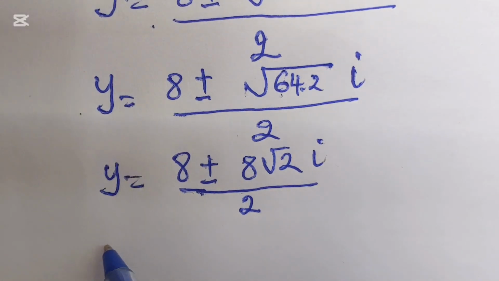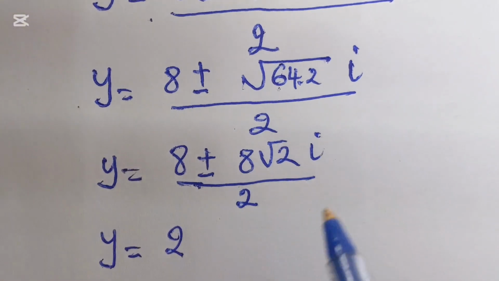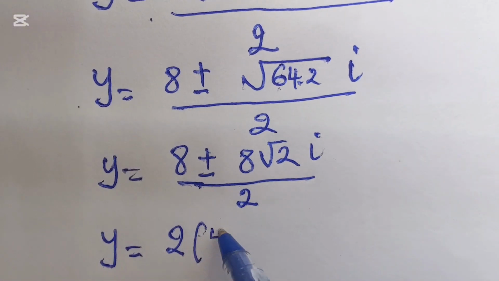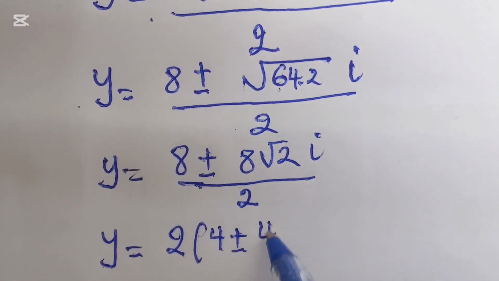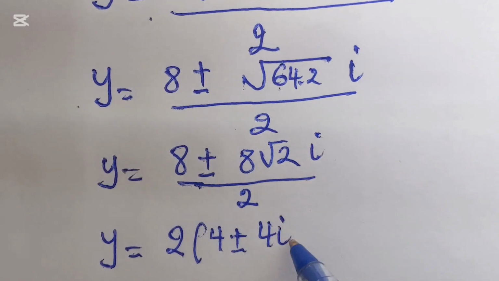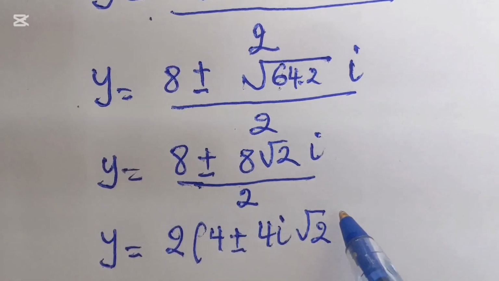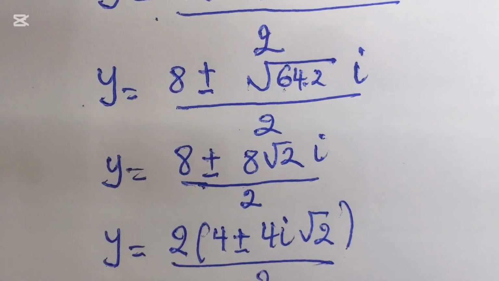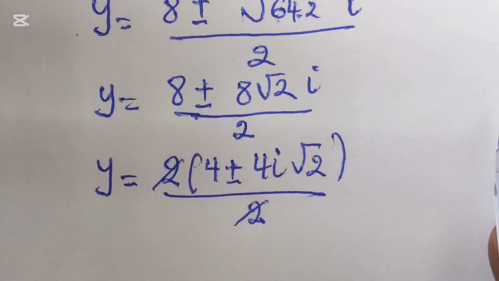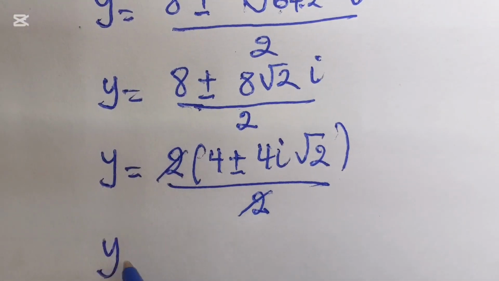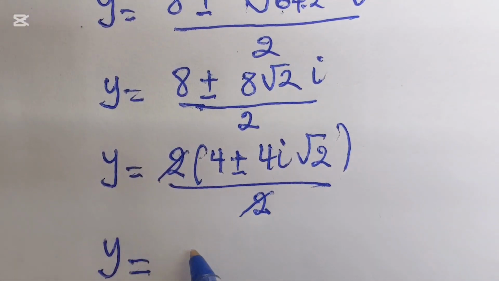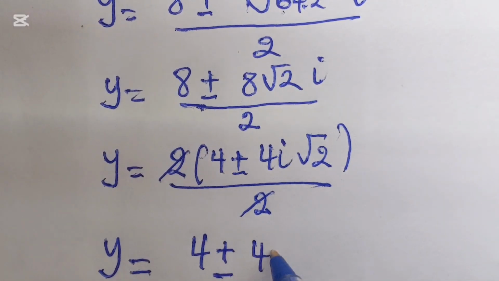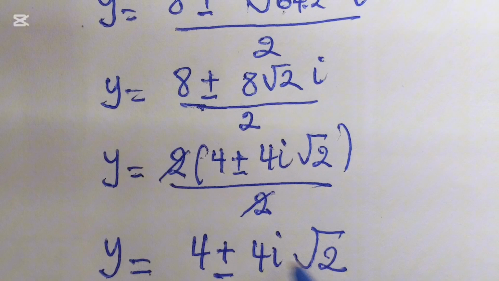By factorization, y will be equal to, taking 2 outside, 4 plus or minus 4i square root of 2, over 2. This will cancel to get y equal to 4 plus or minus 4i square root of 2.